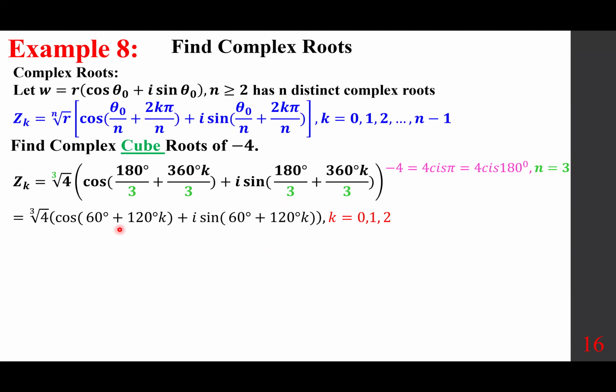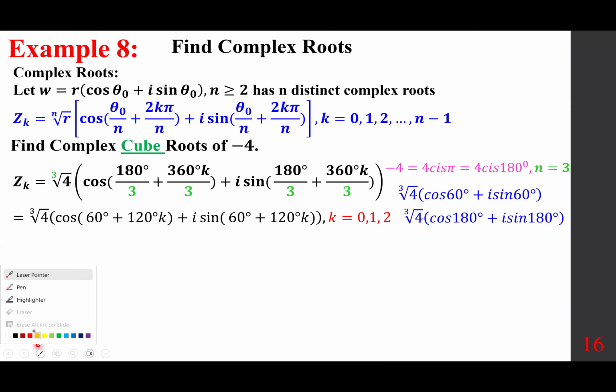So first, when we go with 0, basically this goes away. The first one would be cube root of 4, cosine of 60 plus i sine of 60. If I put 1 here, I get 120 plus 60 is 180. So cube root of 4, cosine of 180 plus i sine of 180.